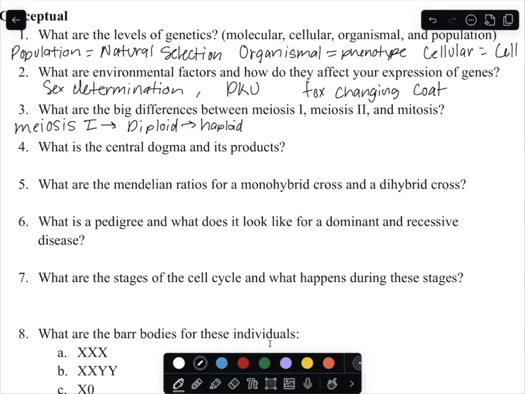Well, let's do meiosis two. You're going from haploid to haploid. And then in mitosis, you're going from diploid to diploid.